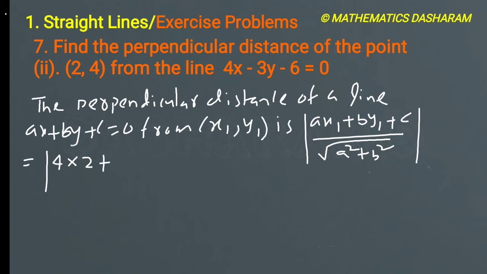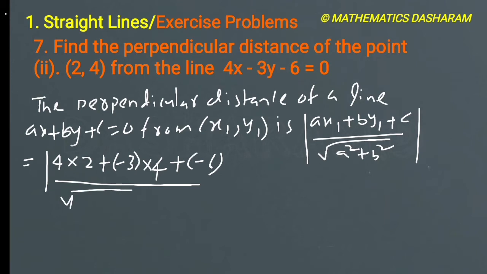Next, b means the y coefficient, minus 3, into y1, that is 4, plus c means the constant number, minus 6, divided by under root a square plus b square. A value 4 and b value minus 3.